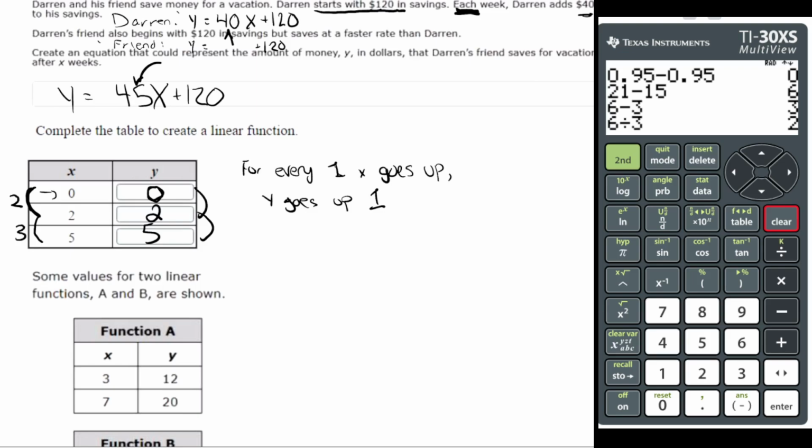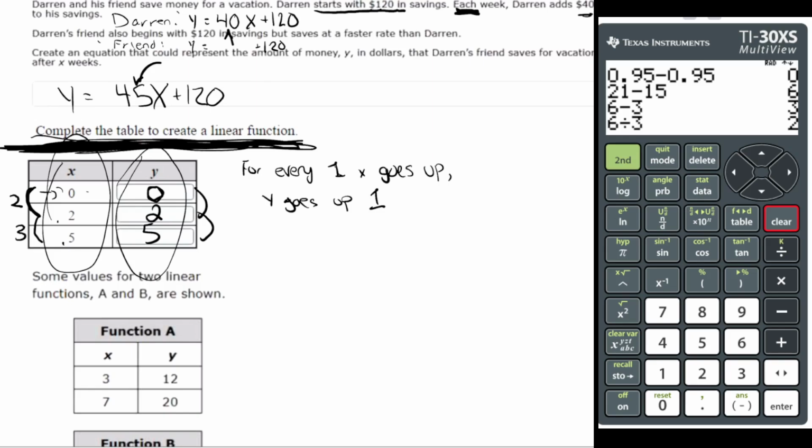Actually, even if they give you this exact question, you could just put these exact numbers, 0 to 5. It has nothing to do with slope. Because if it's the consistency between here, then it's a consistency on the y side also. So if they give you this question, complete this table to create a linear function, and they give you x, and they ask you for y, just copy over x into y.